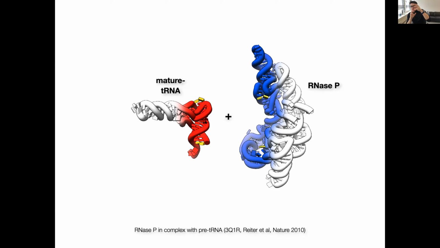There's a precise fit, the shape is perfectly complementary, and then it can be held there by stacking interaction. And then RNase-P processes the tRNA, and I think it cleaves off this overhang here, and then the tRNA can do its job.